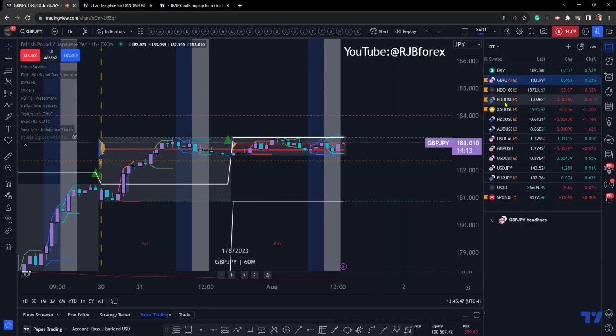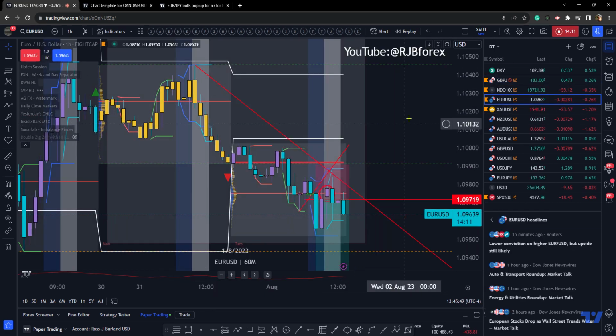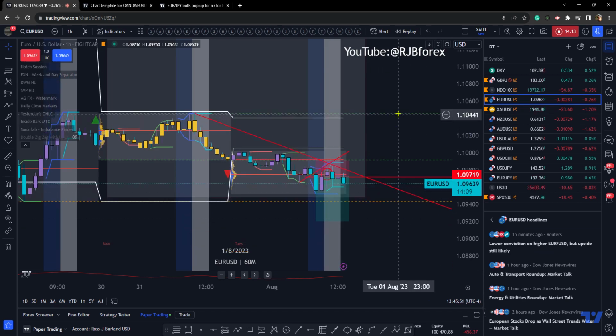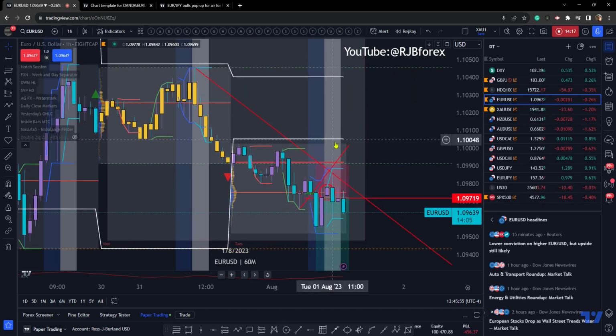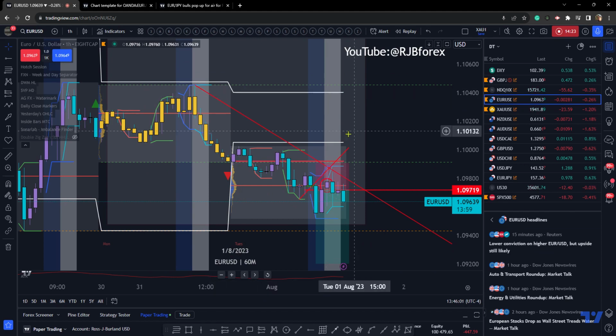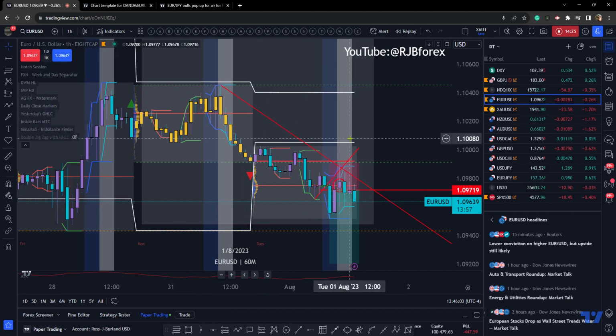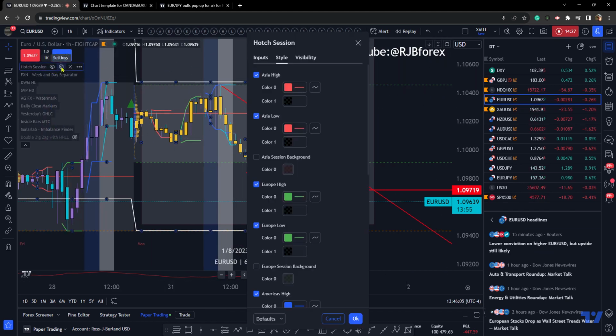For some reason, which I'll look into, it's not tracking correctly in this instance. Yesterday's low, this white line should be down here for yesterday's low, in line with these green lines. So I'll look into that. Anyway, so that's that.